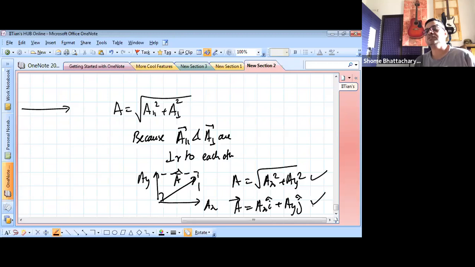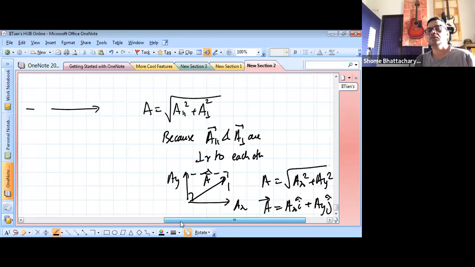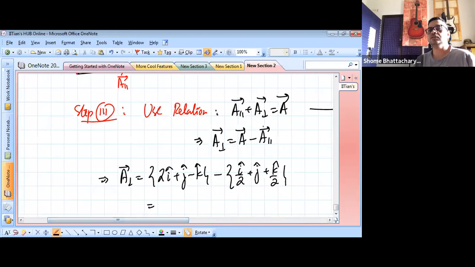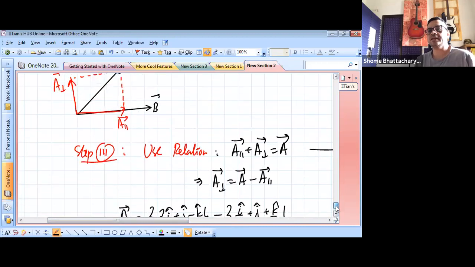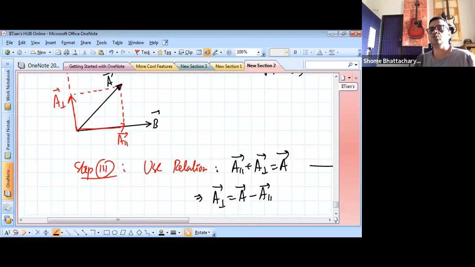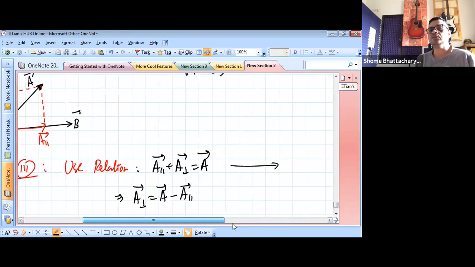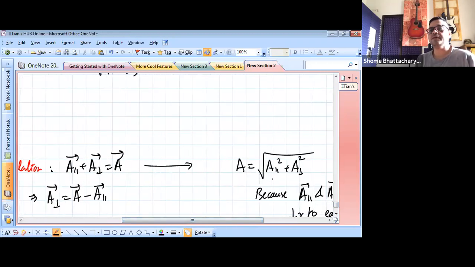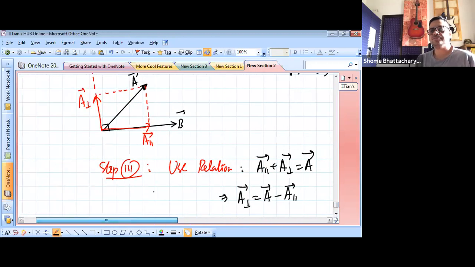So just the way these two relationships hold, the same way this relationship holds with respect to this diagram. You can see that these are two perpendicular vectors, but their sum is the vector E. And because they are perpendicular, if I convert this to a magnitude, I will get this relation. Okay, so hope this is clear, Viraj.